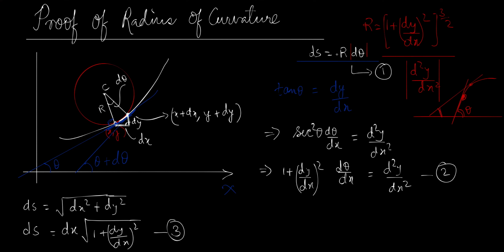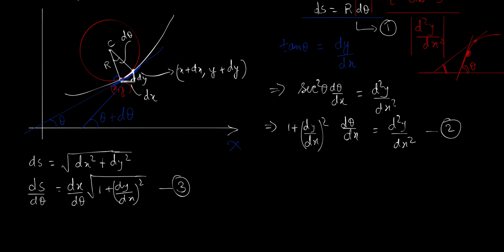So here ds equals r d theta. What we can do is take ds over d theta. It will be dx over d theta times the square root of 1 plus (dy/dx) whole squared, and ds over d theta, which is r, is the radius of curvature.